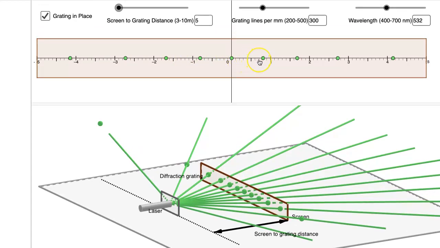Then you're going to have the pattern here.